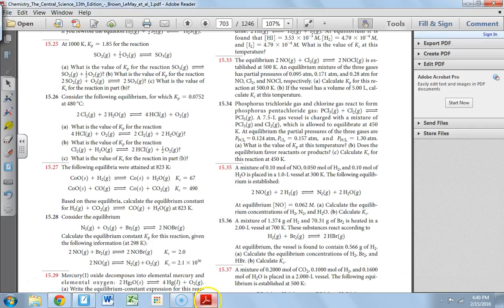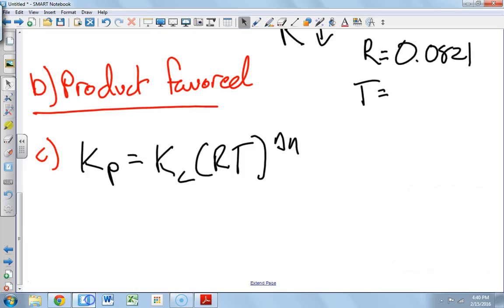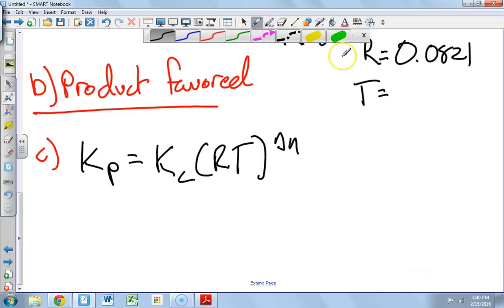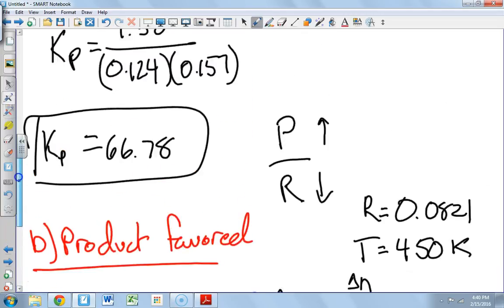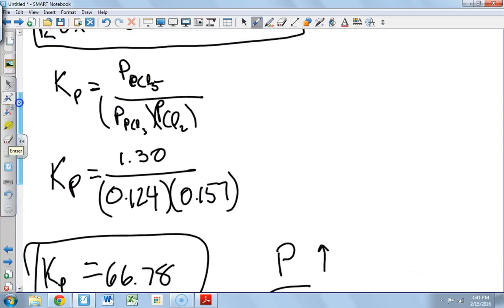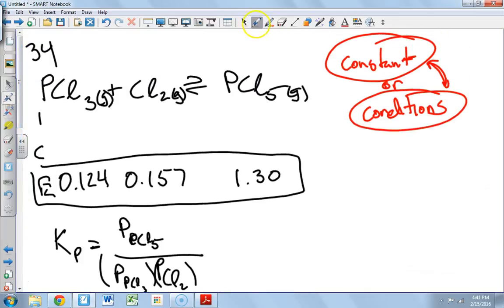T is the temperature, and if it's not in Kelvin we'd have to convert it, but in this case it is in Kelvin: 450 Kelvin. Delta n is the moles of products minus the moles of reactants.